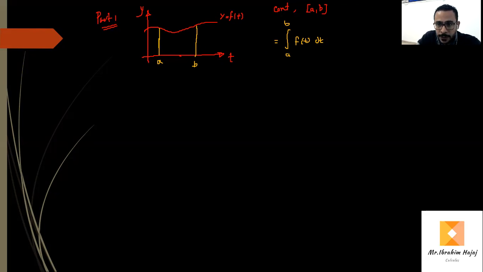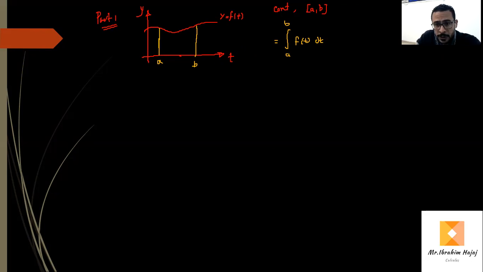This theorem states a link between differentiation and integration. This is the main role of this theorem: it makes a connection between integration and differentiation. So let me show you how.